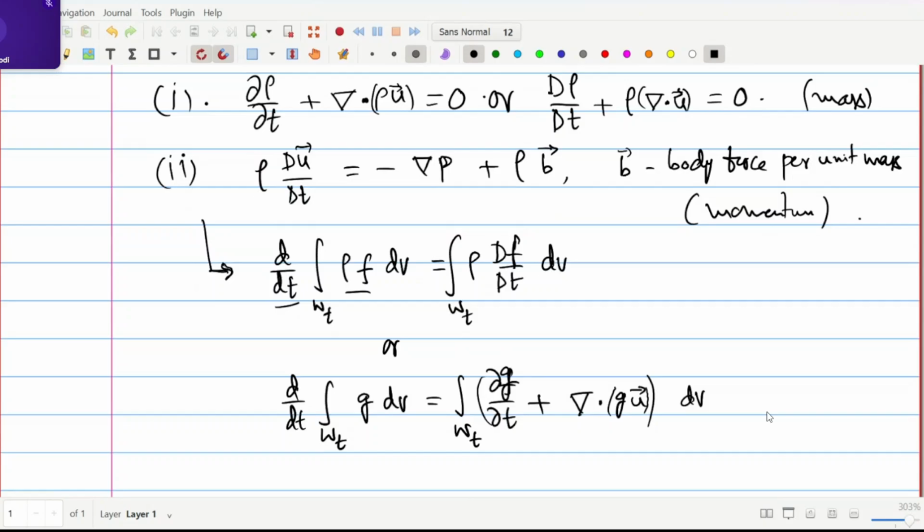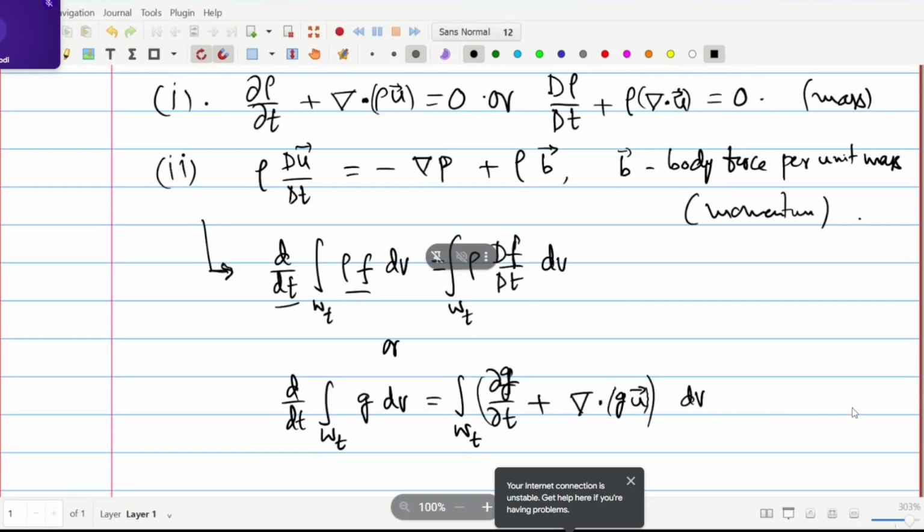From the last lecture, yes. If we take only f in place of rho f, then the formula becomes like this, with f in the place of rho u. See, this is another version I wrote, right? Another version of the transport theorem I wrote in the bracket.